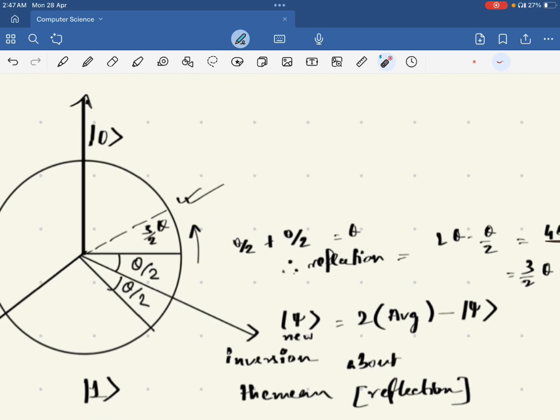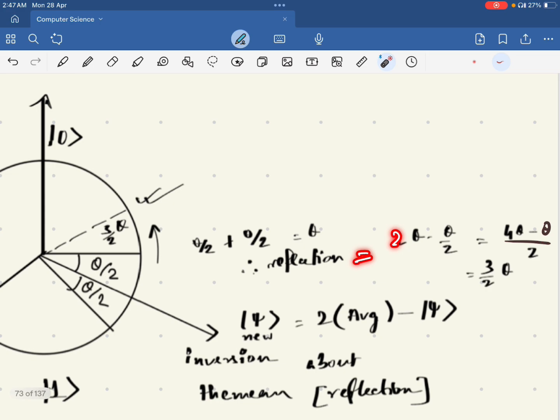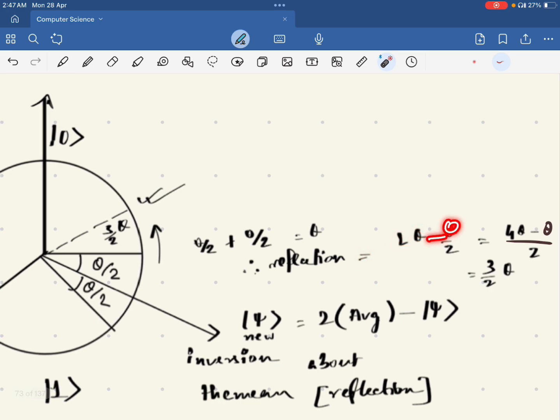Now, for my reflection, I can get 2 times theta minus theta by 2, which gives me 3 by 2 theta. For this state, it will be shifted towards the zeroth state. Suppose this was my target, that is, I needed to find the state zero.